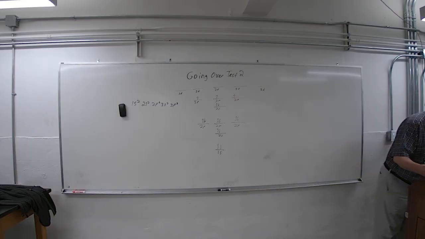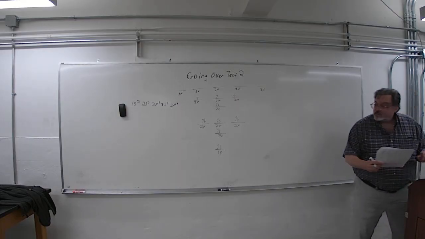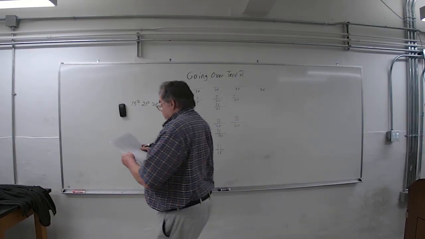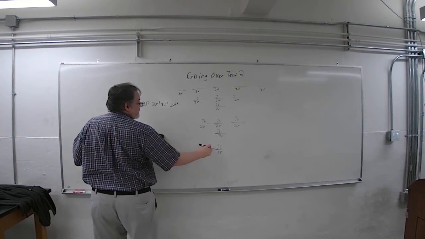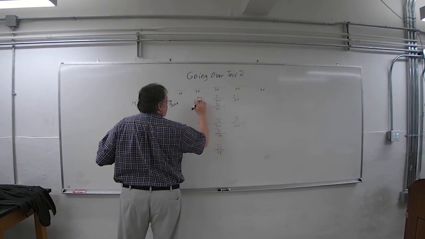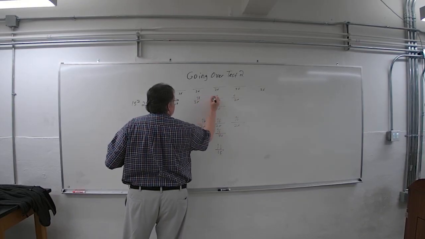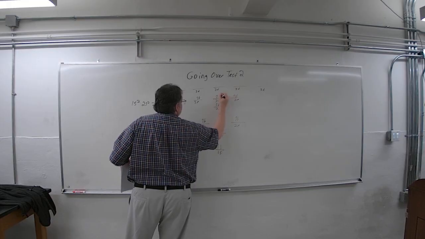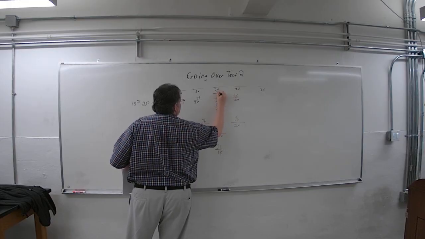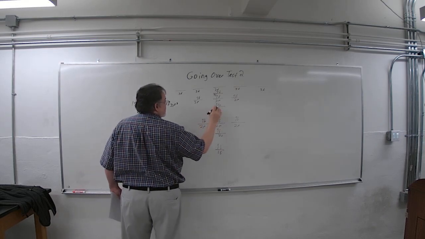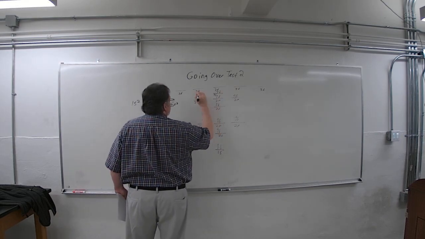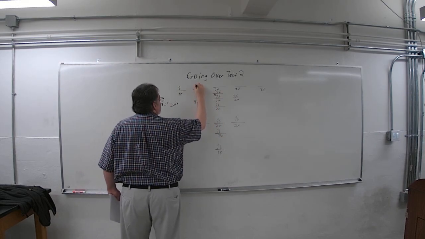Titanium. That one is 22. 4s, 2, 4, 6, 8, 12, 14, 16, 18, 20, 21, 22.